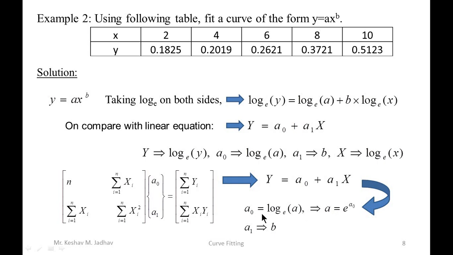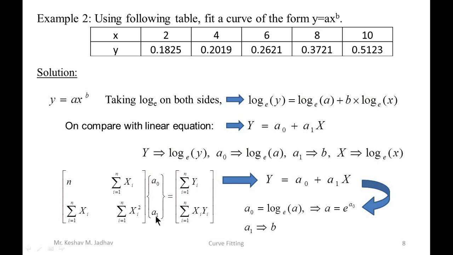That is, if you take exponential on both sides, then we will get a is equal to e raised to a0. And from this relation, value of a1 is nothing but value of b. So in this way, we have to convert this power equation into linear equation. Then we will get values of a0 and a1, and after that we will get values of a and b in power equation.